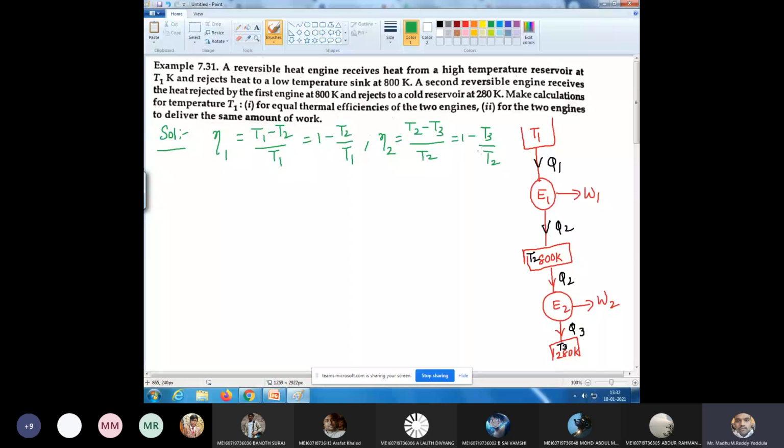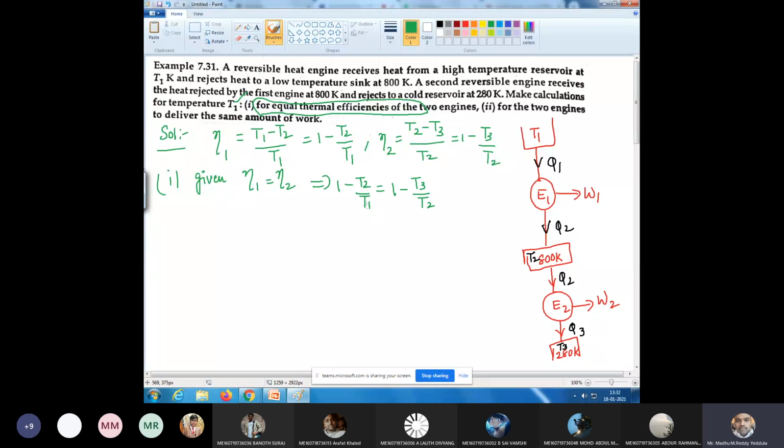Now, what is the first condition given? For equal efficiencies, if the efficiency is equal, what is the value of T1 is asked. So the first bit I am doing. Given the efficiency of engine 1 is equal to the efficiency of engine 2, from this what can I write? 1 minus T2 by T1 is equal to 1 minus T3 by T2.